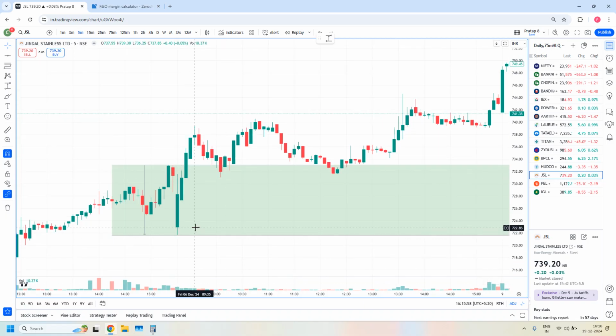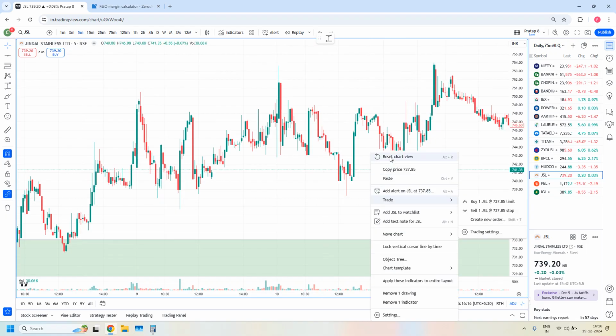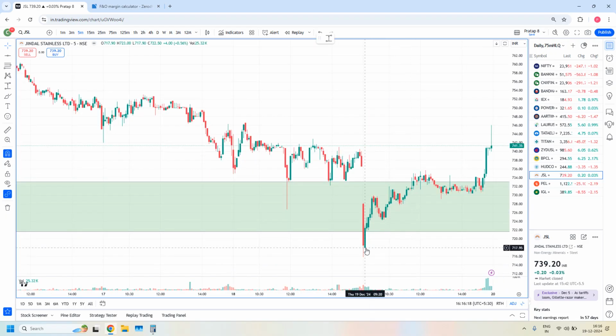Now look into this zone. Rally candle, rally candle, rally candle. Where are the base candles? There is no zone. When there is no zone, such kind of zones will be violated easily. That is what happened today. Market opened. This is no more valid. Okay, after that it moved.